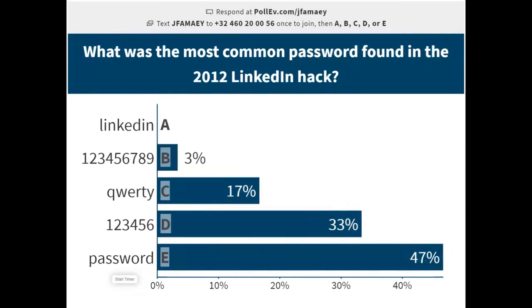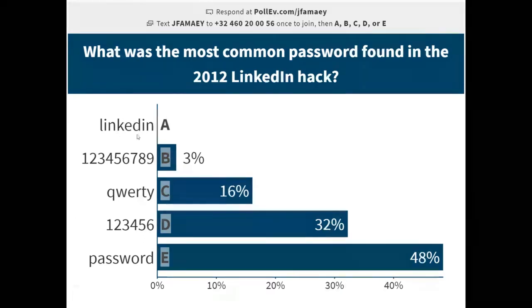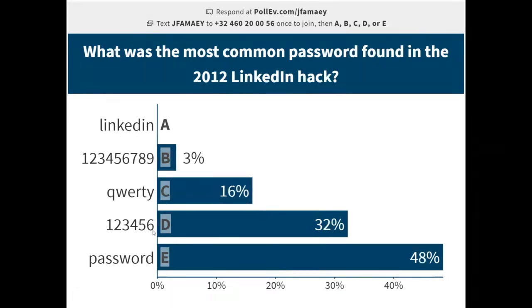Okay, so while the final answers come in, it's clear that these passwords are not very secure, because if you use a very common password like these simple phrases like the name of the website or 123456 or QWERTY or just the word password, it can very easily be hacked using a so-called dictionary attack.